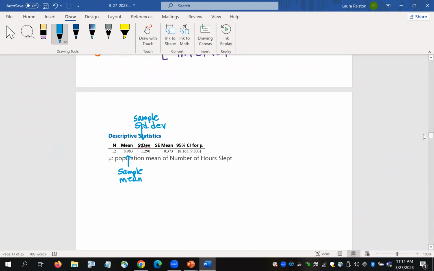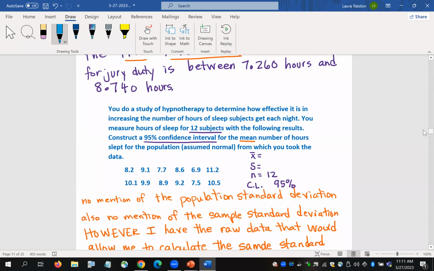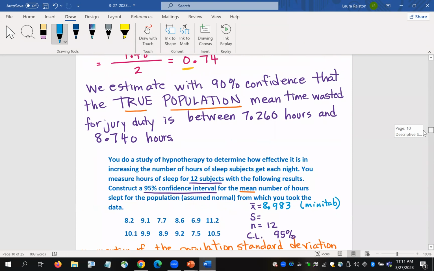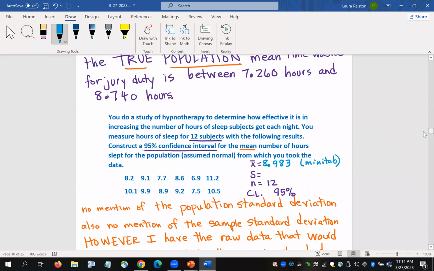So from Minitab, I now know the sample mean is 8.983. I get that from Minitab. It also calculates my sample standard deviation, which is 1.290. Again, that comes from Minitab.